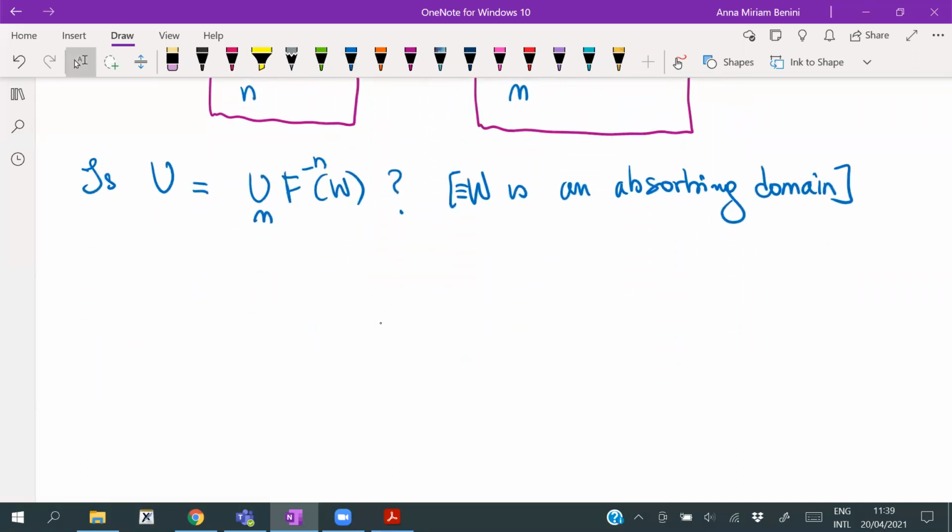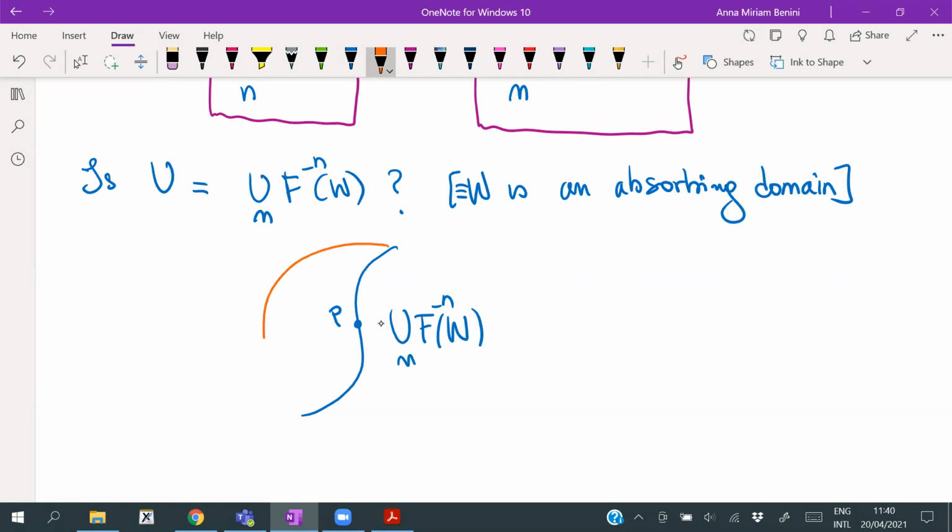I'm obviously not going to do it in detail, but this is your set W, and this is the union of the pre-images of W. And you take a point P here. The first thing to do, which is not completely trivial, is to show that this is really the picture. So your U is really much larger than the images of W, and you have enough boundary.